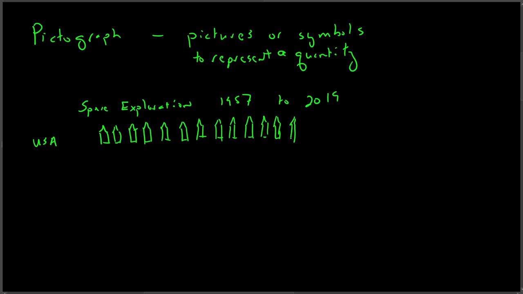And not quite a full rocket on the end. It's kind of cut in half. And each rocket equals 7 space flights. And we'll do the former Soviet Union.